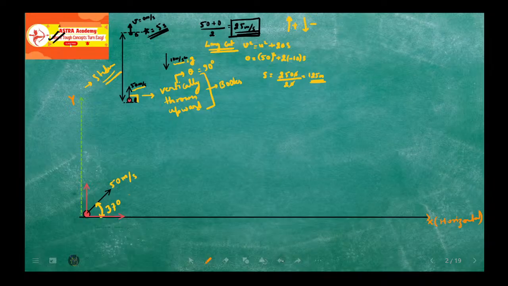Now how to break the velocity into two components? The component along the horizontal will be 50 cos 37. I would just tell you a technique: the component along the angle, on the side of the angle, is cos, and the component which is perpendicular to that is sine.